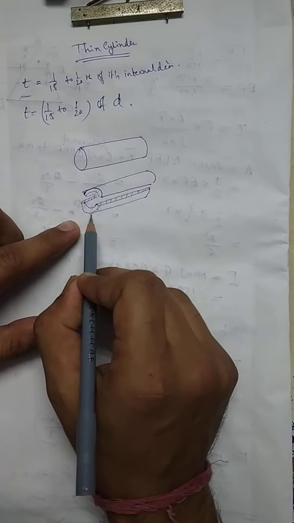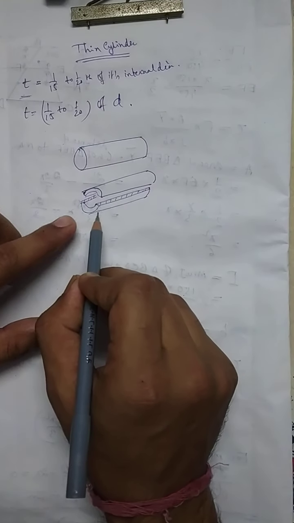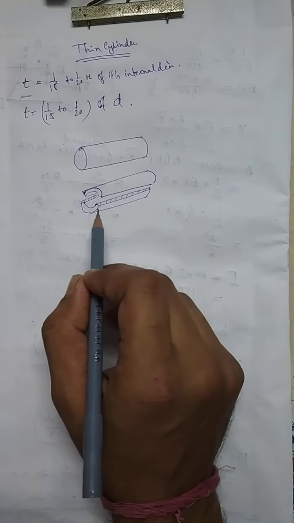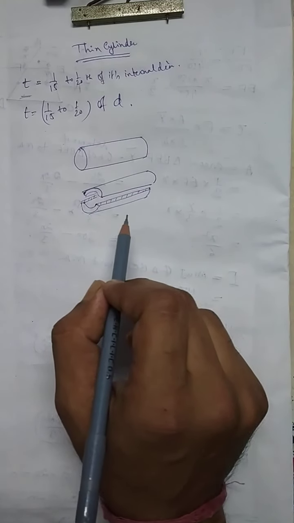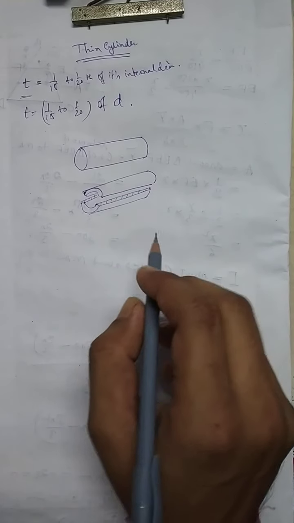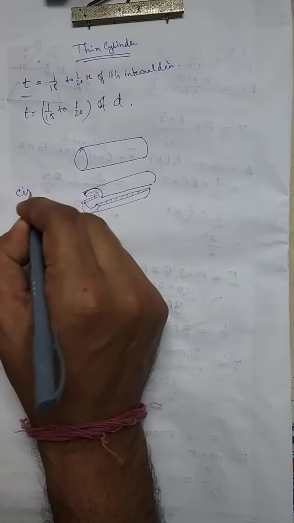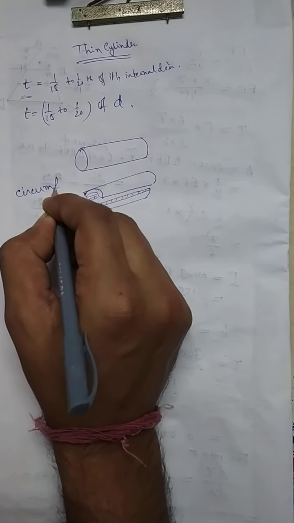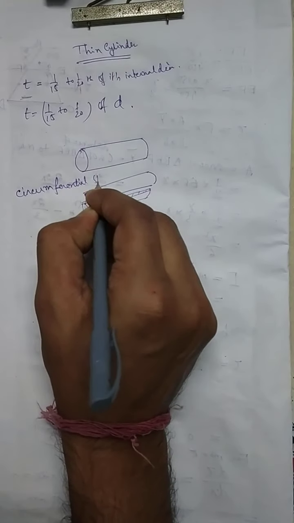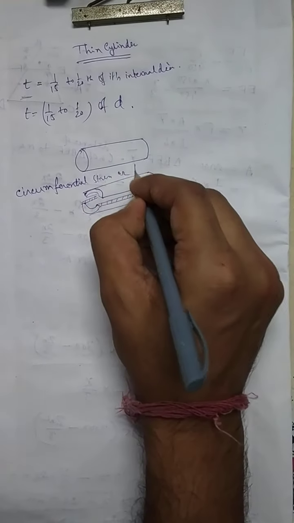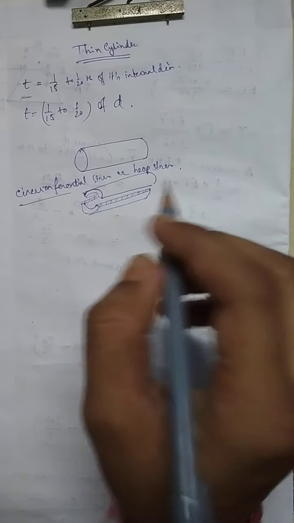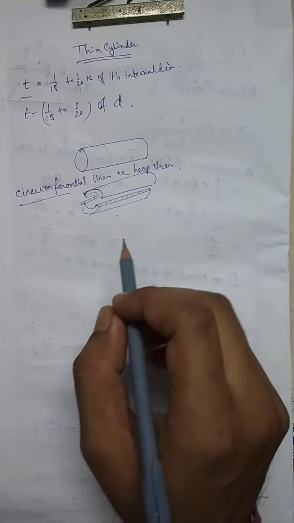So if the cylinder gets separated in this way, then the stress inside the cylinder material is called hoop stress or circumferential stress. Okay, and how can you find the value?